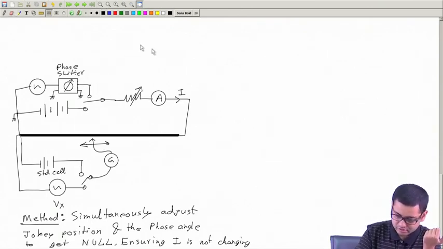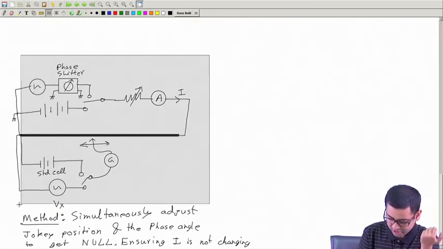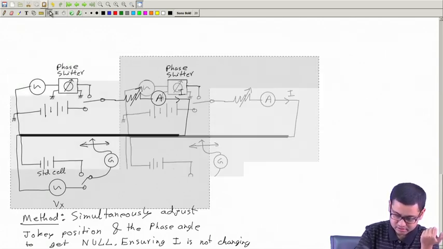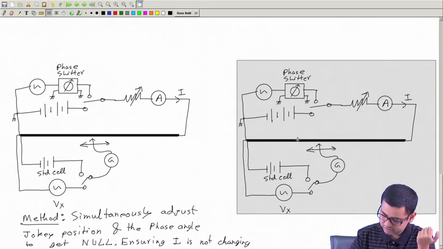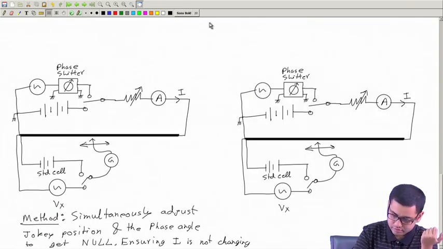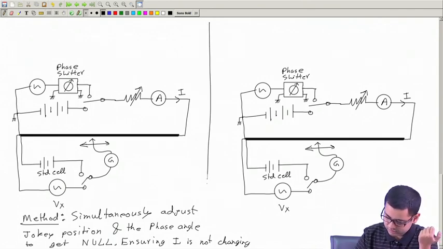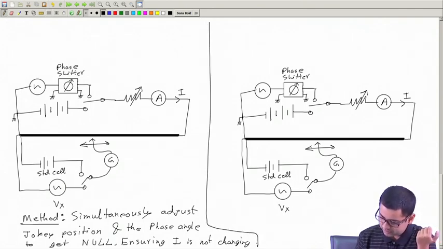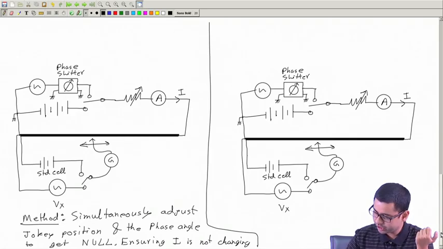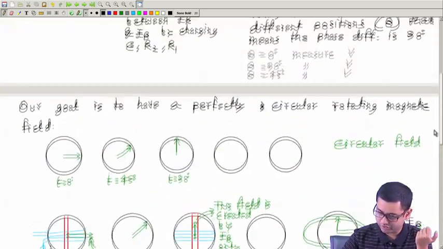Maybe for a better understanding, I will just repeat this by actually drawing a better schematic of a phase shifter.